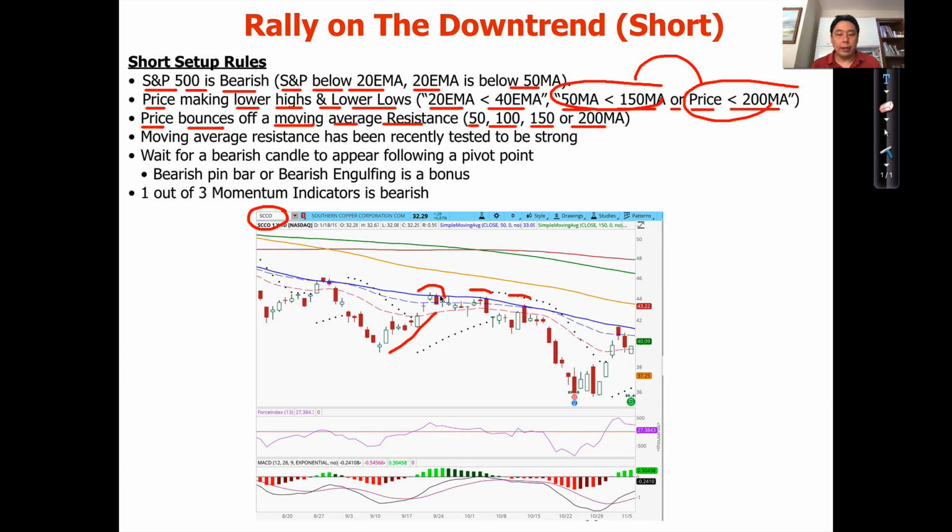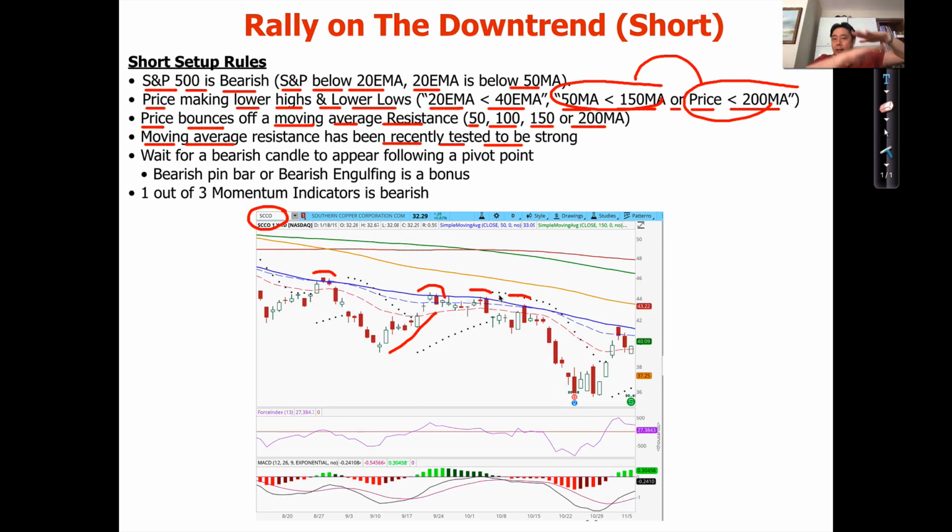Very, very clear resistance over there. Next, we want to ensure that that moving average has been recently tested to be a strong resistance. So over here, we will only enter if we see it's been tested before over there. We could enter here if it's been tested over there before, right? So we need a recent test to be convinced it is strong resistance.